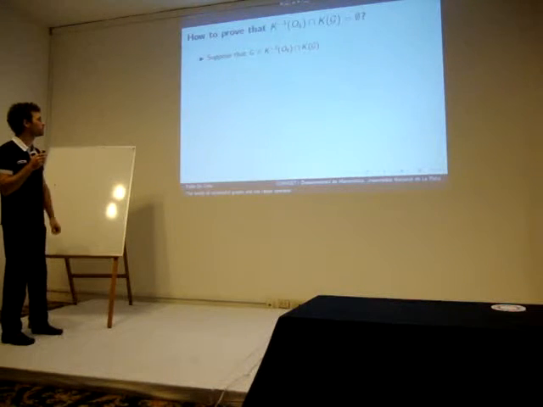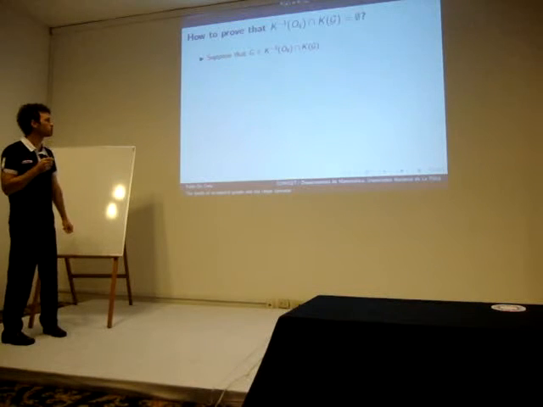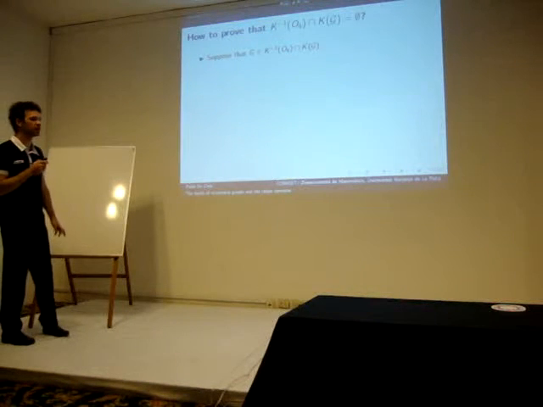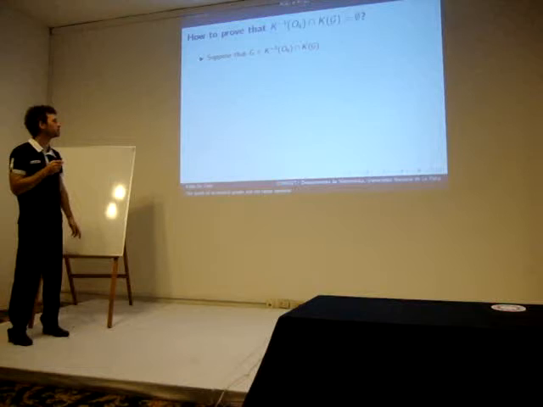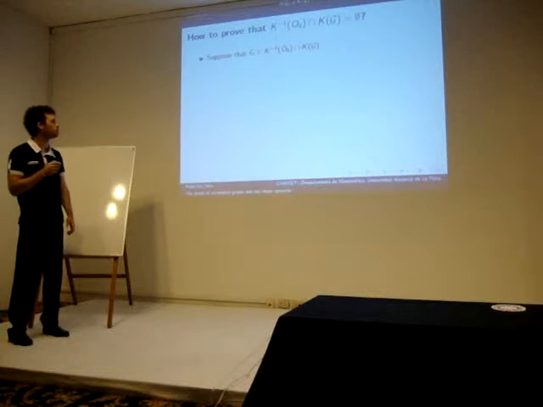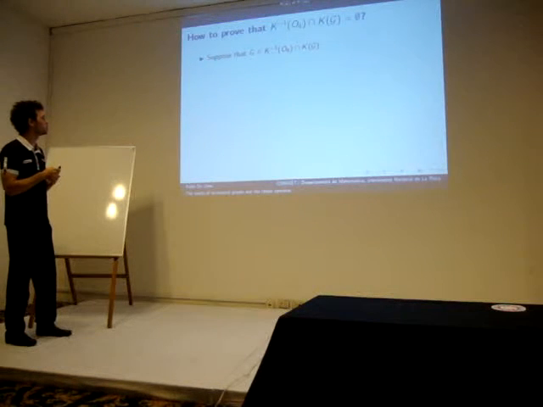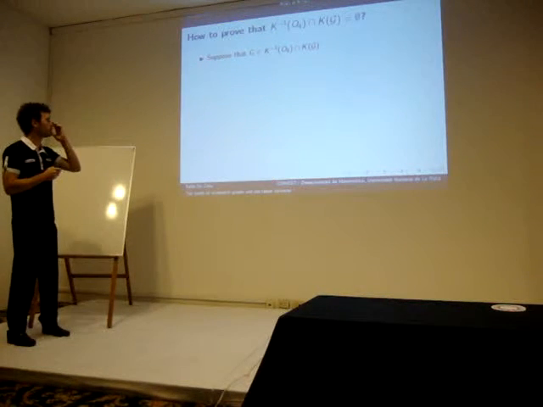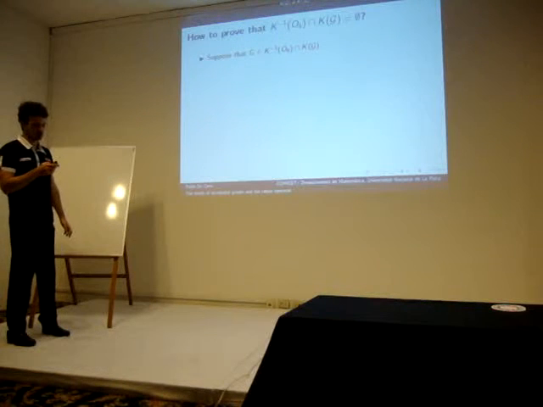Now that we know what the graphs of K-1 of O4 are, we can try to prove that none of those graphs are clique graphs, and that would complete the proof that O4 is a graph in K of G minus K squared of G. So we will assume that, on the contrary, there exists a graph G in K-1 of O4 that is a clique graph.